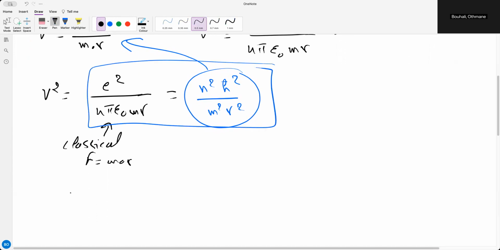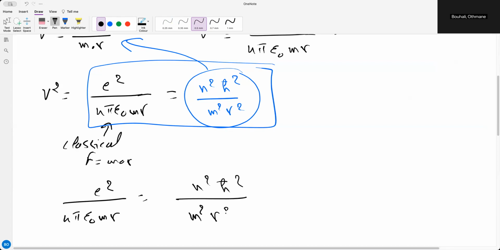These two equations tell us that e squared over 4 pi epsilon 0 m is equal to n squared h bar squared over m squared r squared. Well, I can easily get rid of the mass here and get rid of one r here also, right?